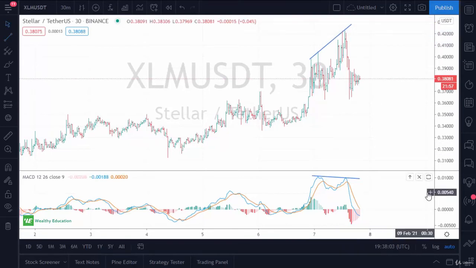This is negative divergence. And what this means is when an oscillator, this is part of a family of indicators called oscillators, fails to make a higher high while price does, that means that it's diverging from the price, and that means we may be running out of momentum. So in theory, that is a sell signal, and it did work, at least so far. We broke the zero line, so we'll see what happens to the seller next.